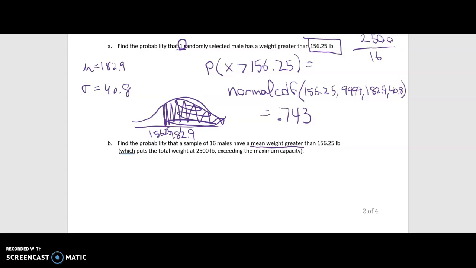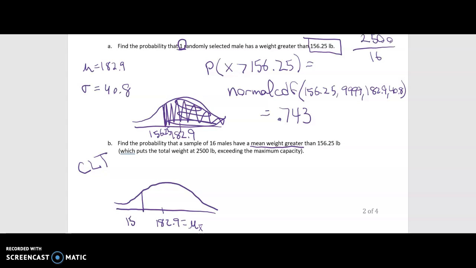than 156.25 pounds. Because we're talking about a mean here, we're going to be using the central limit theorem, CLT for short. So, similar problem once again. We'll draw our diagram. We have our center at 182.9. Only this time it's representing the mean of the means, right?